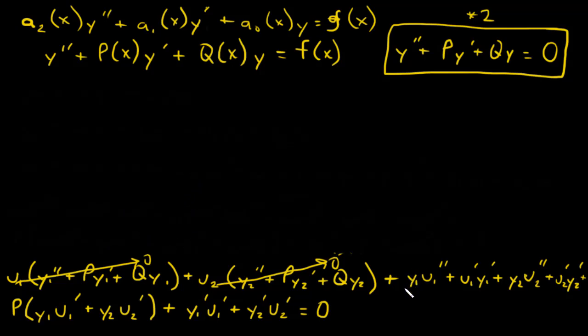So I'm going to rewrite this now. First off, I'm going to rewrite this up top here. I'm going to say that y double prime plus p y prime plus q y is going to equal f of x.